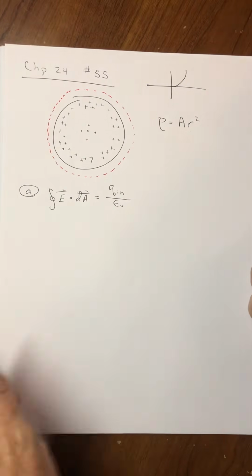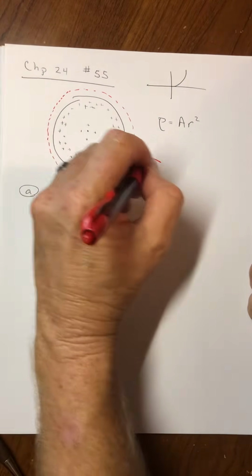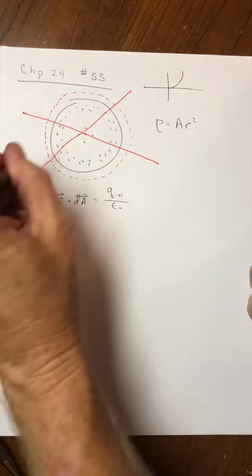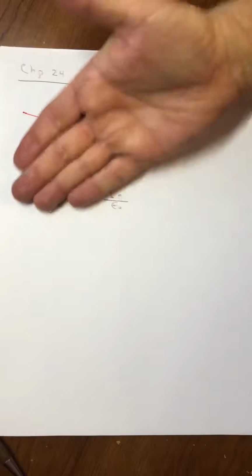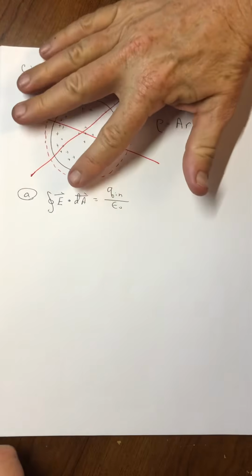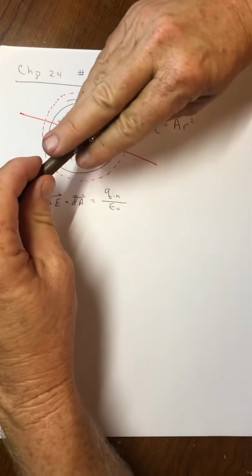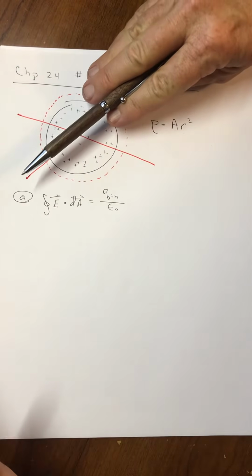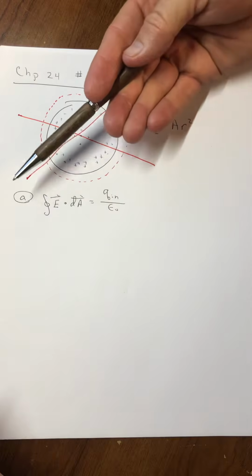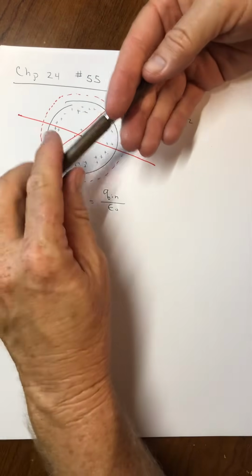And again, this is where these lines of symmetry become really important. If I drew a line there or a line there, those would all be a line of symmetry. That is, if you took the charge and you flipped it, you'd get the same thing. And so that means you must have an electric field, like this pen here, pointing in a particular direction, so when you flip it, it's still in that same direction.